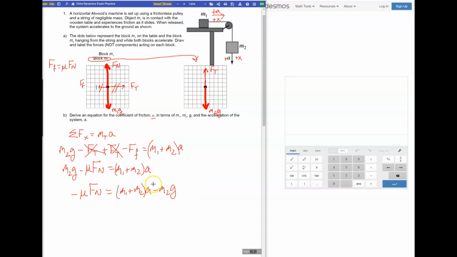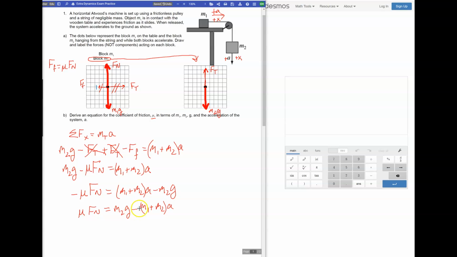Now I'm going to get rid of the negatives by multiplying everything by a negative. So I get mu times Fn is equal to, now this becomes positive, this becomes negative, so it's M2G minus M1 plus M2, and that's all times A.